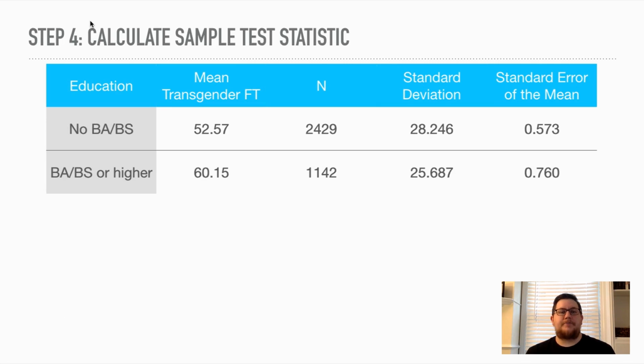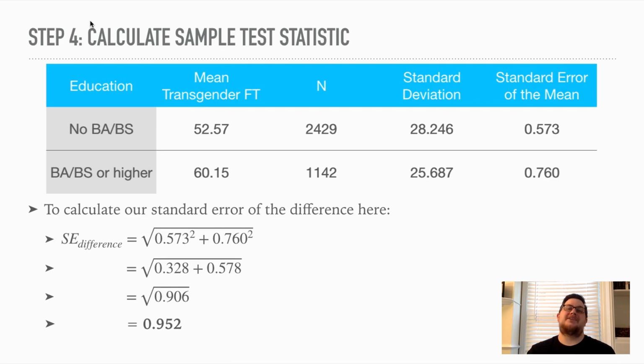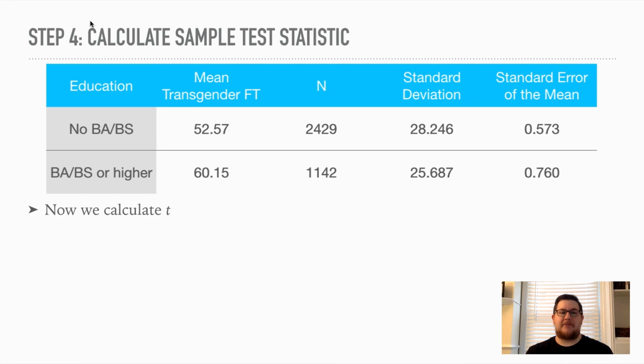All right, so to calculate our standard error of the difference here, we plug in our 2 standard errors of the mean, which are right there. We simplify it, and we get a standard error of the difference equal to 0.952. So that's what goes in the denominator of our t-test calculation. Okay, so let's do that.